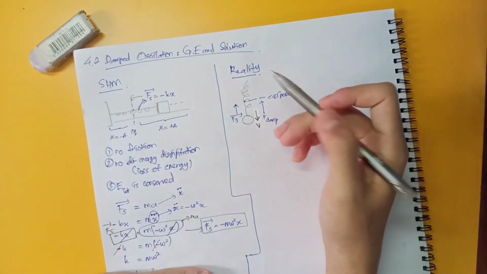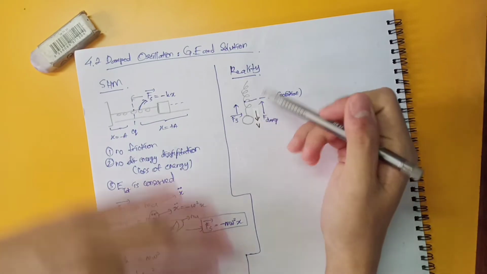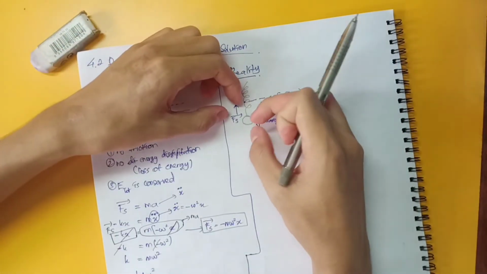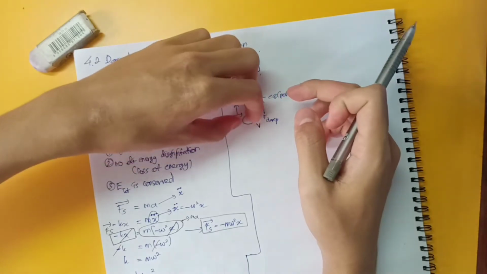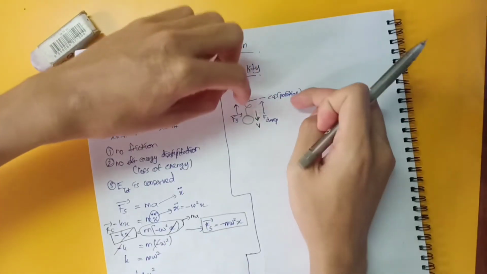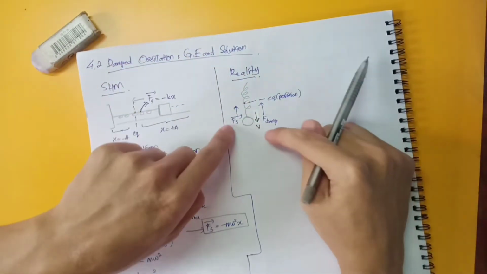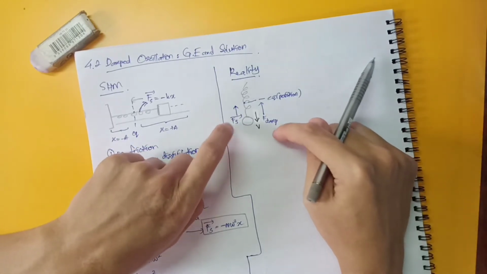When the object starts to move downward, there is a force that starts to pull it backward, which makes the object go back to the equilibrium position, which is this force right here.